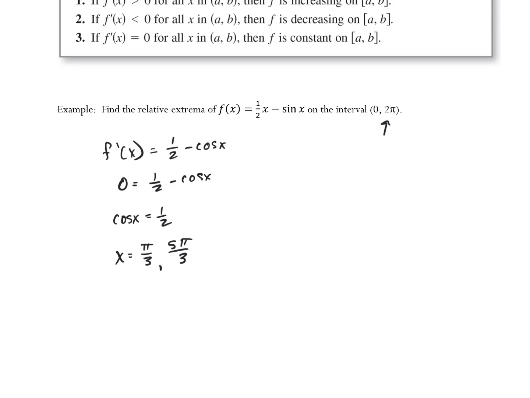Everybody good so far? Okay. So to do my derivative test, I'm going to start with a number line. I'm going to have my number line go from 0 to 2 pi, and I'm going to put in just those places.